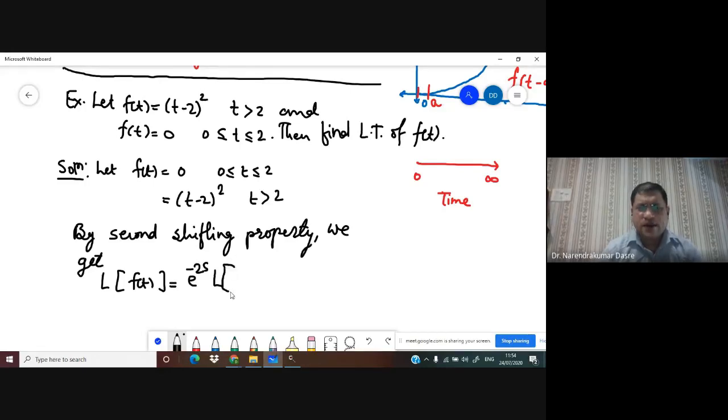This a is taken by this term, so what remains is t, and so here I'll have t square.